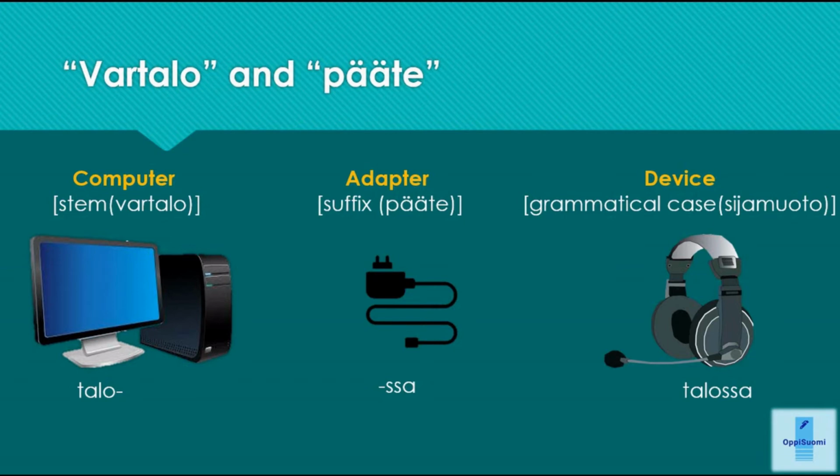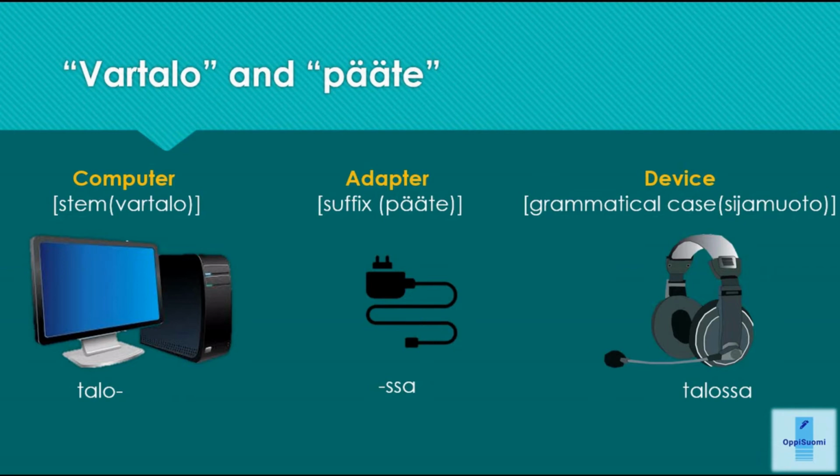I take a simple example to describe what Vartalo is and what pääte is. Imagine a computer in an inactive state. We can connect devices one by one using an adapter, but each device has a specific adapter.